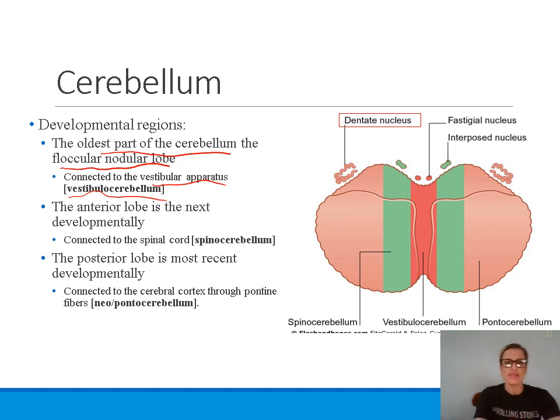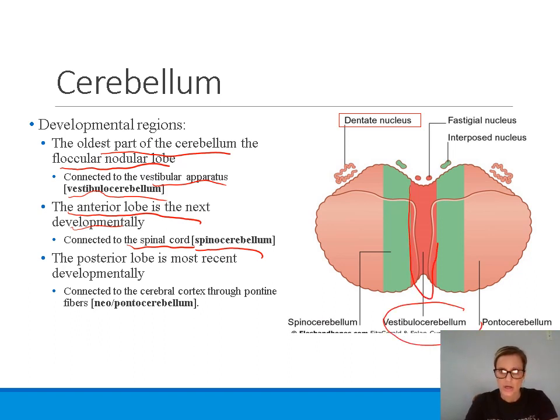So you can imagine this is involved with balance. The anterior lobe was the next to come developmentally, in evolution. And the anterior lobe is connected to the spinal cord. We refer to this as the spinocerebellum. If you look at the picture here, the vestibulocerebellum is in the very center, right? This is the area having to do with balance that first evolved in us.